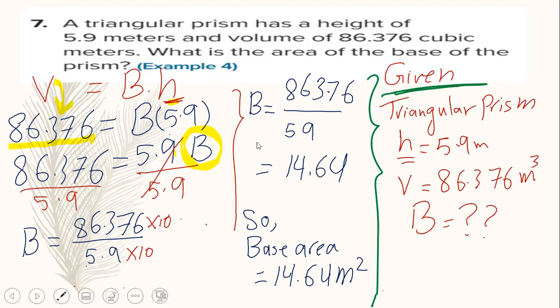So base area equals 863.76 divided by 59 equals 14.64. So the base area of this triangular prism is 14.64 square meters, because the unit of area is a square unit.